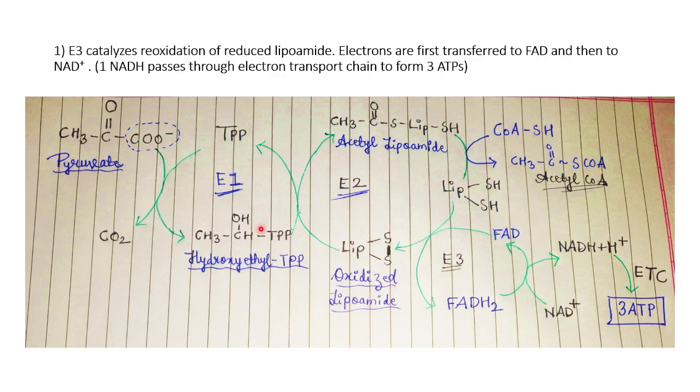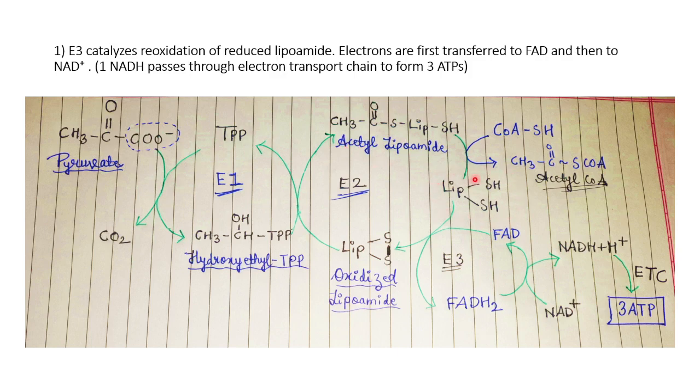This acetyl group which is formed after the removal of this H will combine with the reduced lipoamide and it will form acetyl lipoamide. Okay, it is easy. Now this reduced lipoamide will separate from this acetyl group, as shown over here.